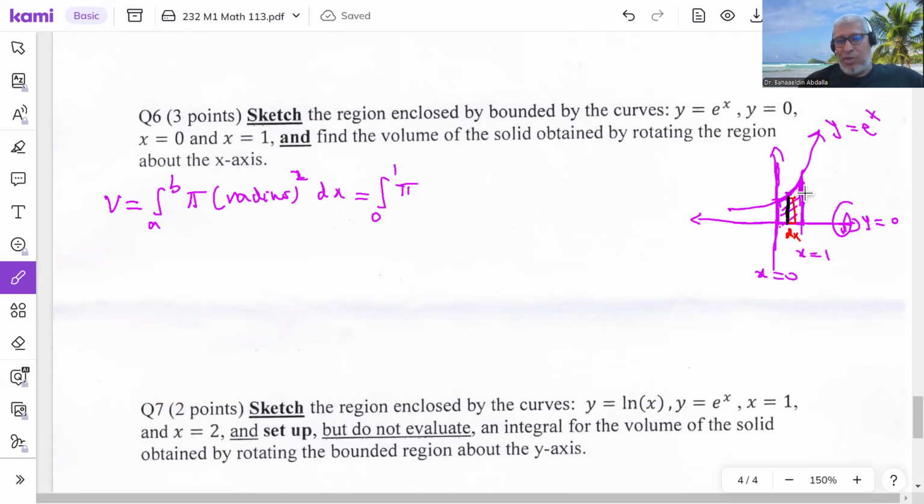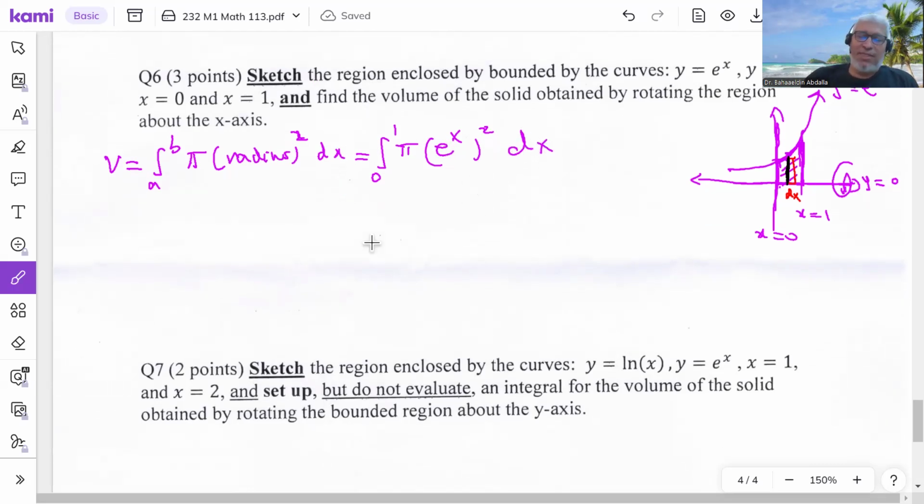So this point represents f of x, or e^x. So the radius is e^x, squared, dx. What is (e^x) to the power 2? You can multiply the powers. You can take pi outside. It is in fact e to the power 2x.